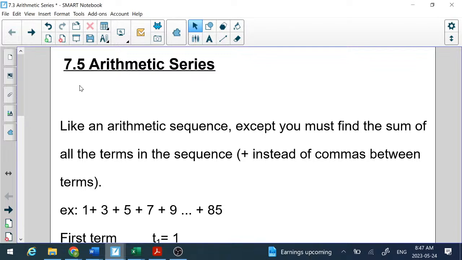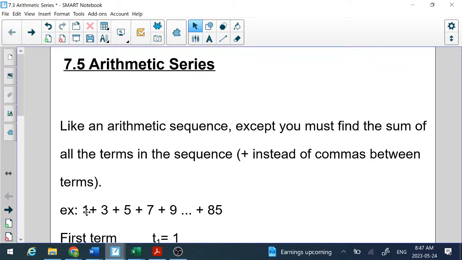Yeah. And how did you get that? Very good. So you just subtract one number from the number before it. So for example, he said you take 3 and subtract from it 1. That gives you 2.